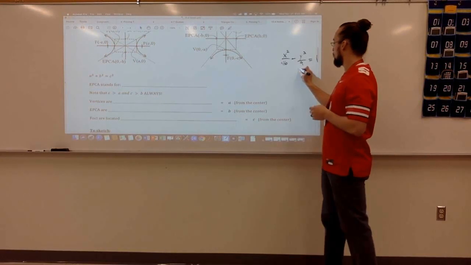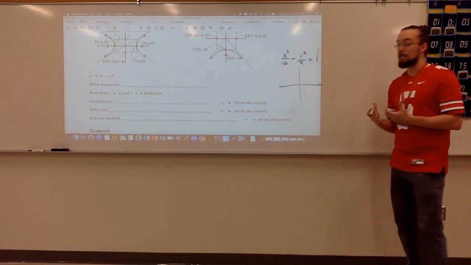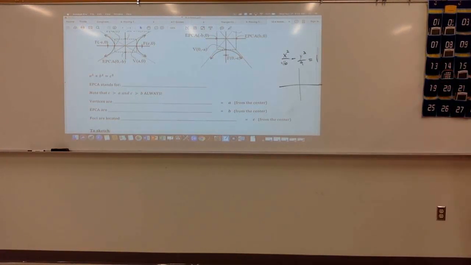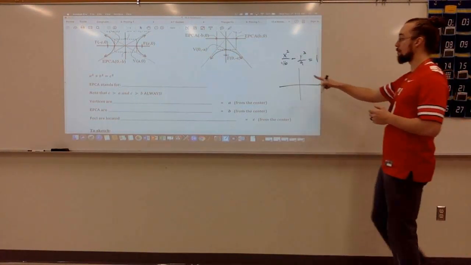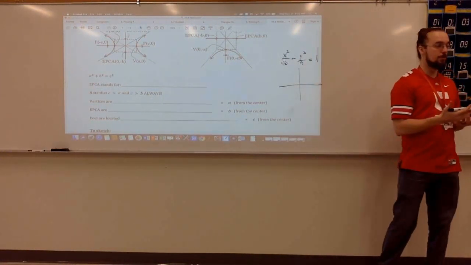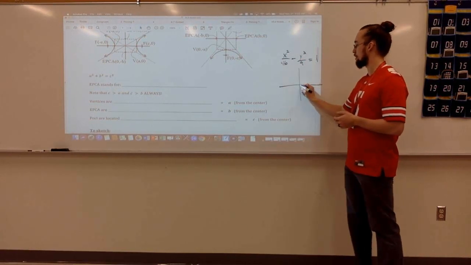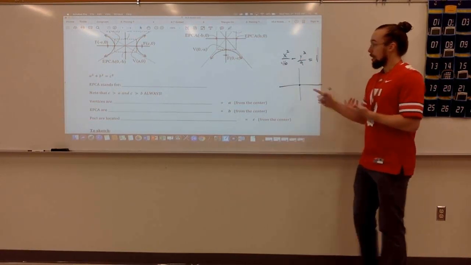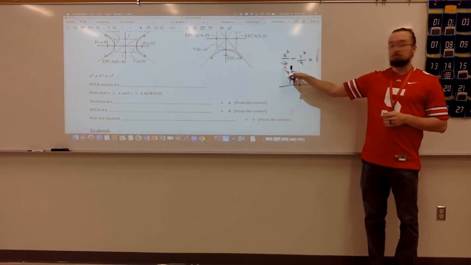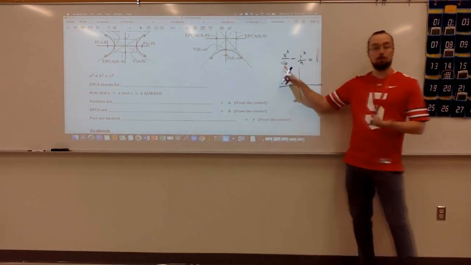If I want to graph this equation, I'm going to do a lot of the same things that we did for an ellipse. My center would be 0, 0, because I'm not subtracting anything from the x or from the y. Then this tells me how far to go in the x direction, the square root of this value.